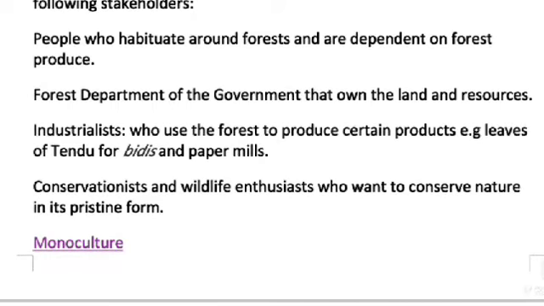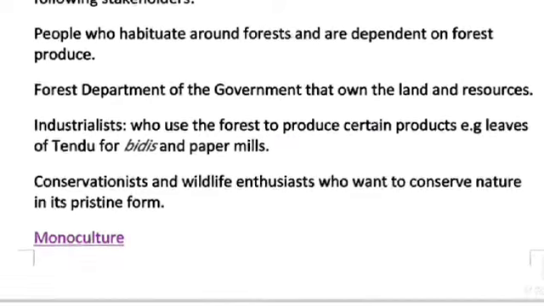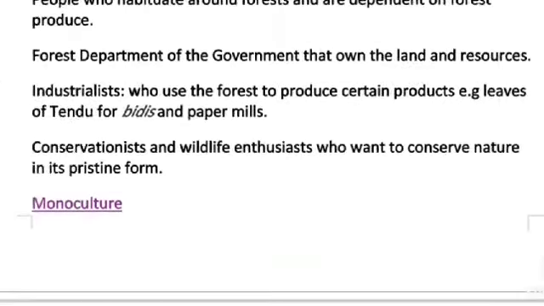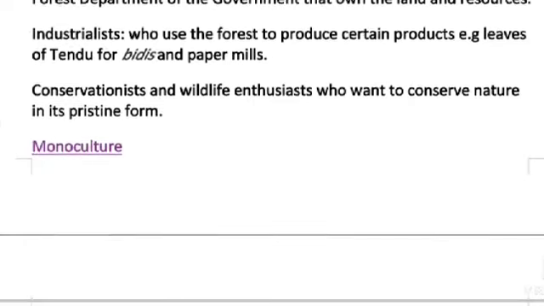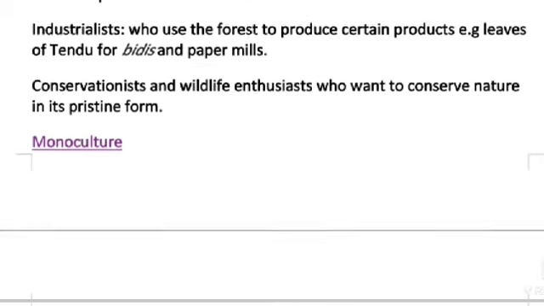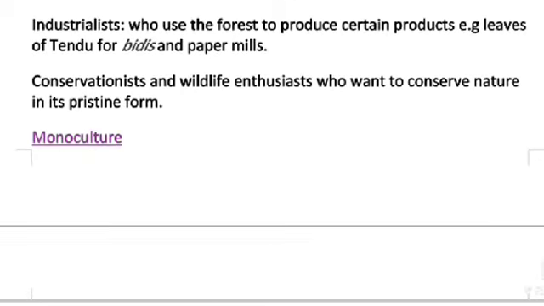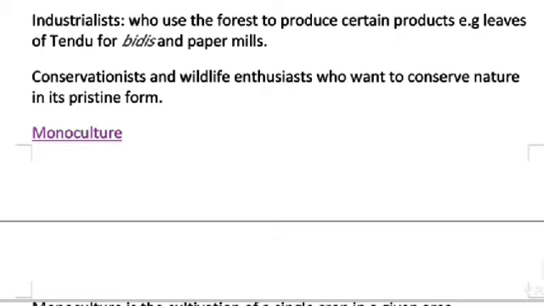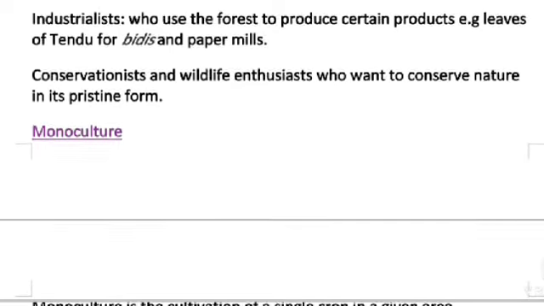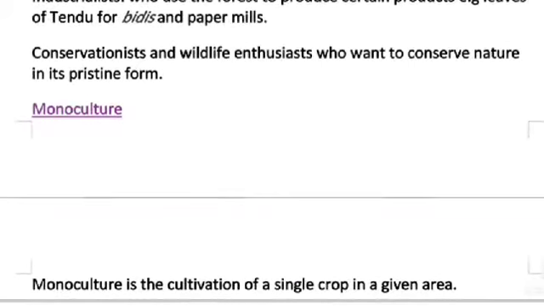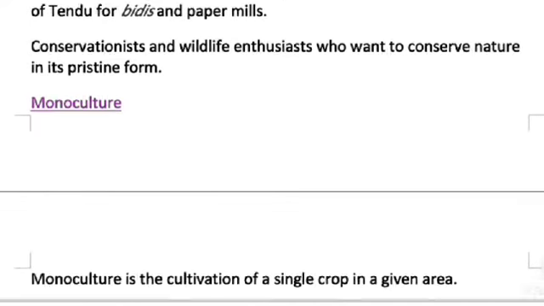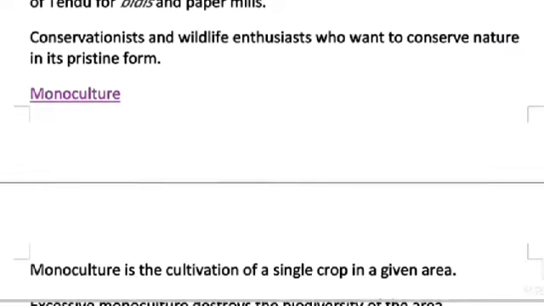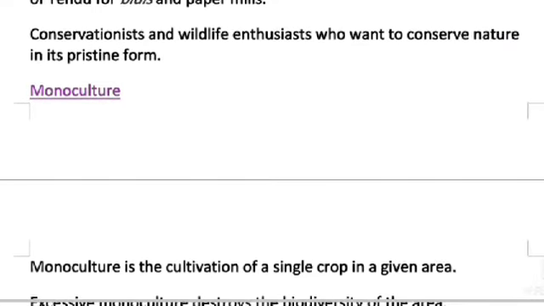The forest department of the government that owns the land and resources. Industrialists who use the forest to produce certain products, for example, leaves of tendu for bidis, and paper mills. Conservationists and wildlife enthusiasts who want to conserve nature in its pristine form.